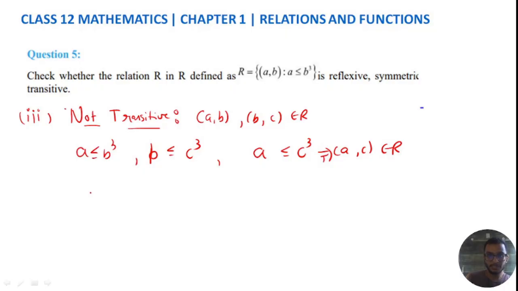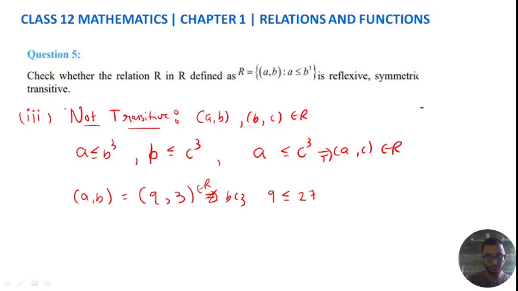Suppose I pick (a, b) with b as 3 and a as 9. You will understand why soon. This belongs to R, because 9 is less than or equal to 3 cube, which is 27.